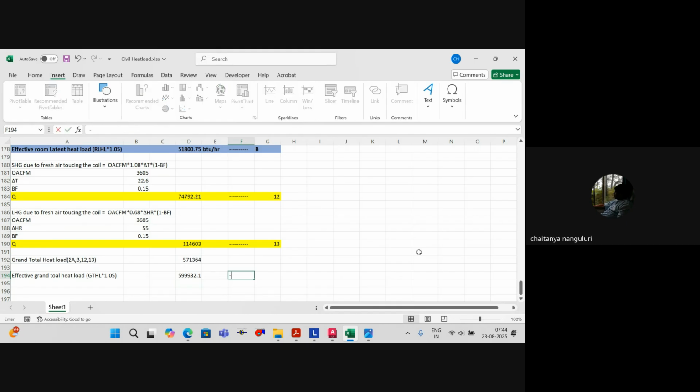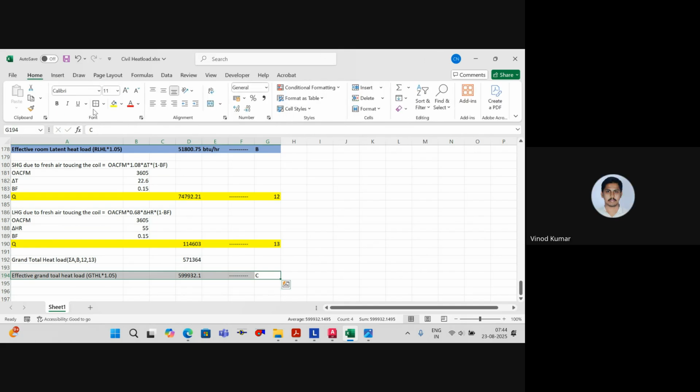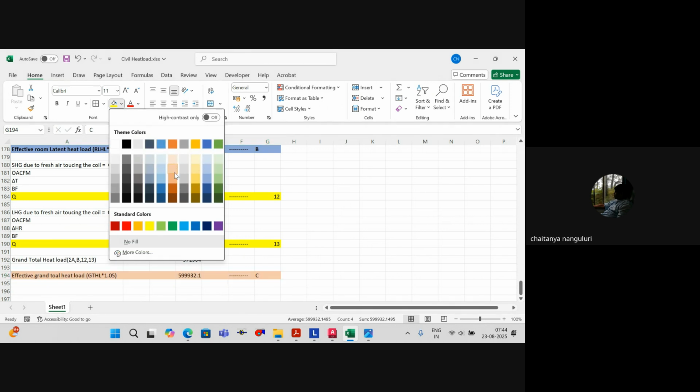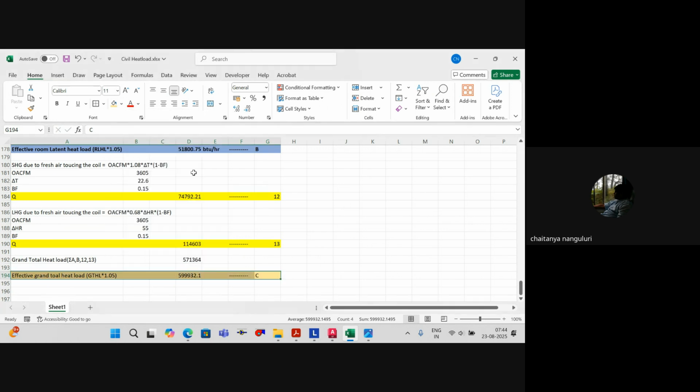So this is the final value that we have. Understood or not? Yes, sir. This is our main equation. Clear? Yes. All units are BTU per hour in these particular values. Don't worry.